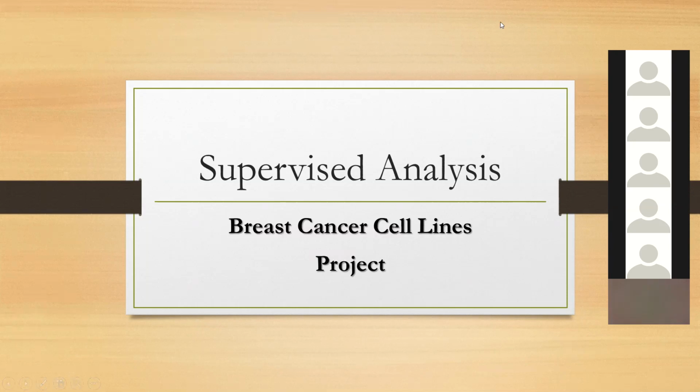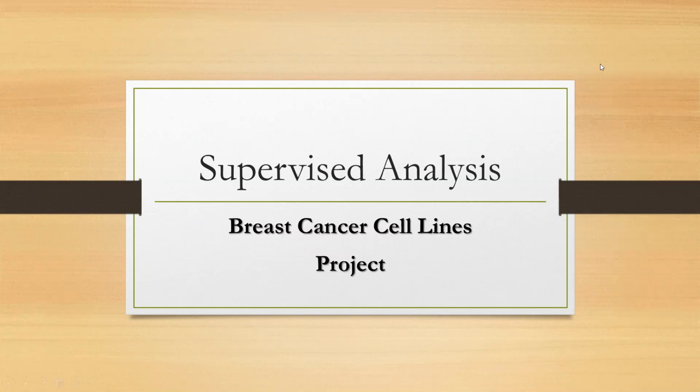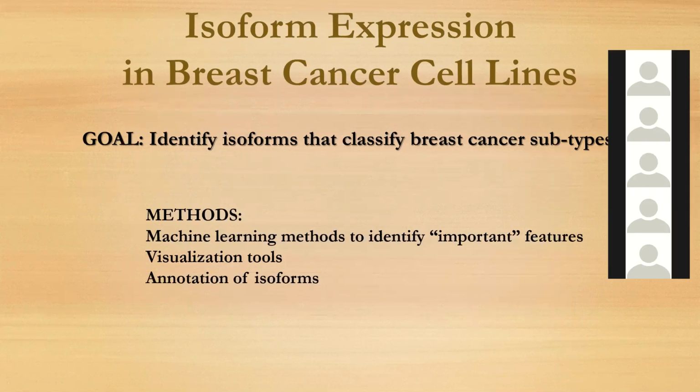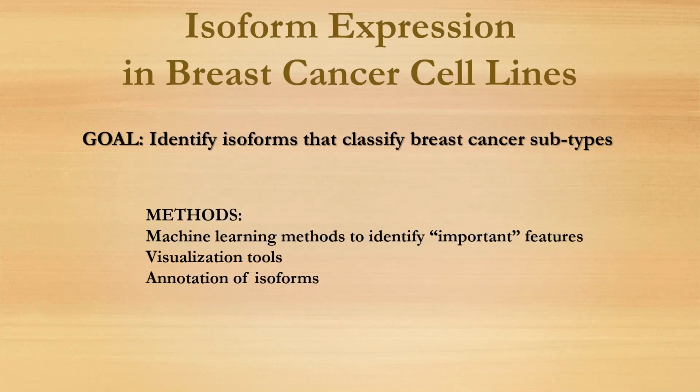I'm glad that you're all familiar with the breast cancer cell line project, so we can just begin. The goal of my talk today will be how to use classifying tools, supervised tools, to identify, in our case, isoforms that can separate the subclasses of breast cancer.